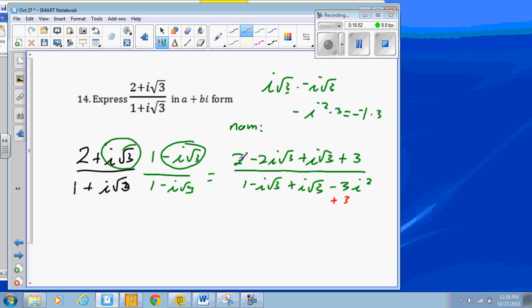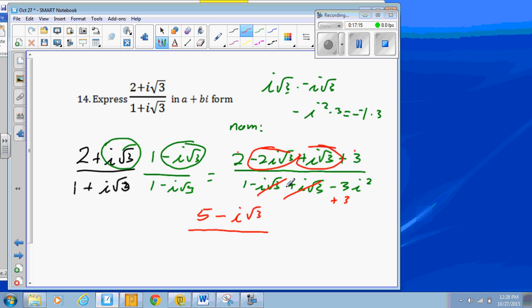And now I simplify the top by saying 2 plus 3 is 5. And then these two terms here combine to be negative 2 plus 1 is minus I square root of 3. And the bottom of the fraction is these are going to cancel.